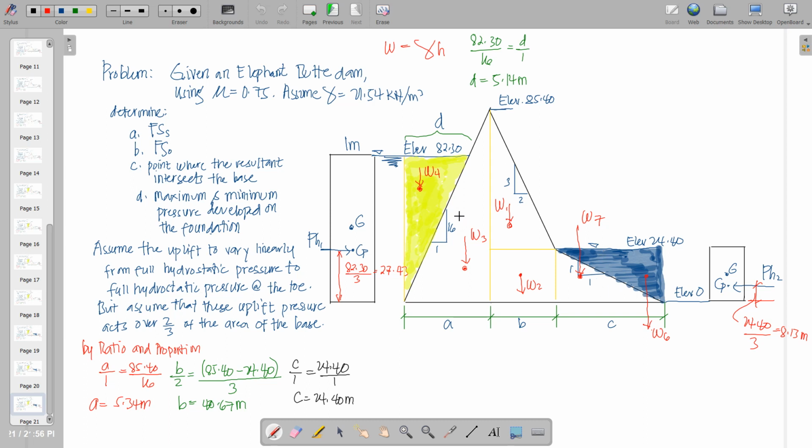So our next task is to determine or compute all of the weights accordingly. So we will use this formula that W is equal to gamma H. Sorry, this should be gamma times volume.